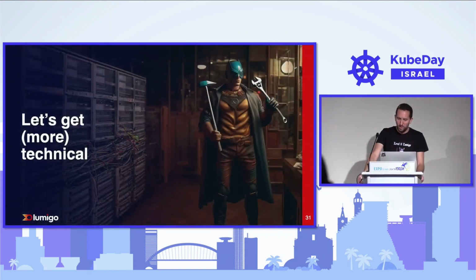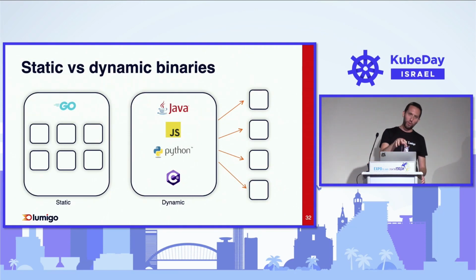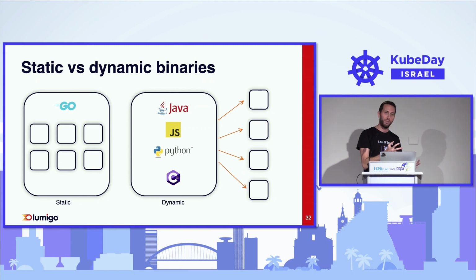So to understand how we do this, we have to dive in a little bit into how runtimes like the Java virtual machine, CPython, and Node actually work. A quick detour, but we'll come back very shortly, I promise. So there are two major ways to compile applications, right? There is statically compiled applications and dynamically compiled applications.